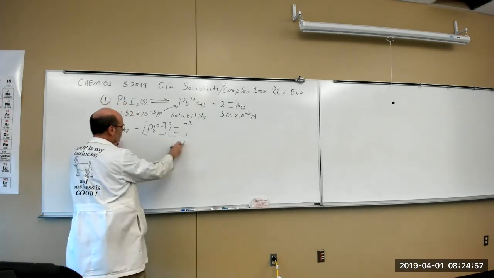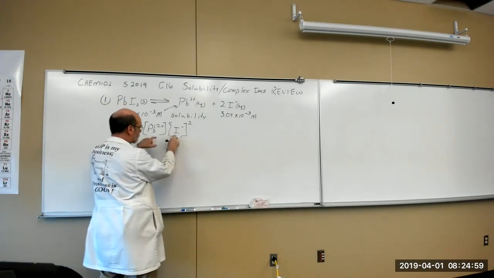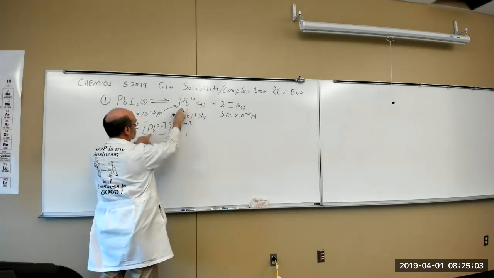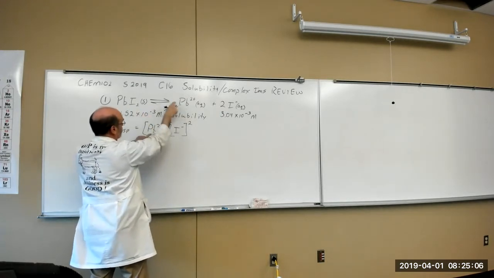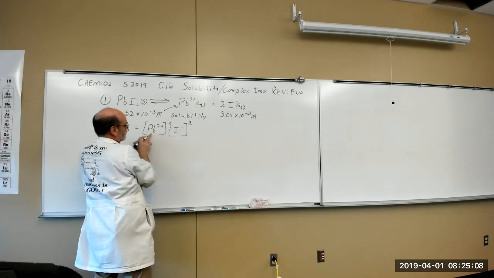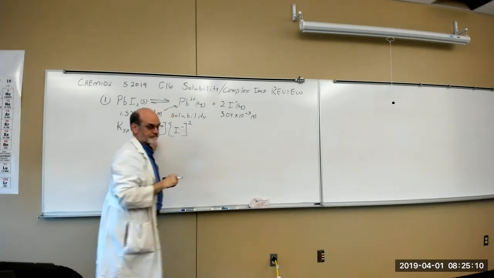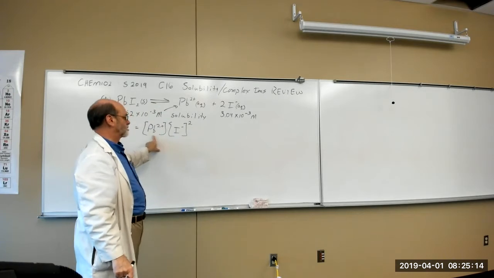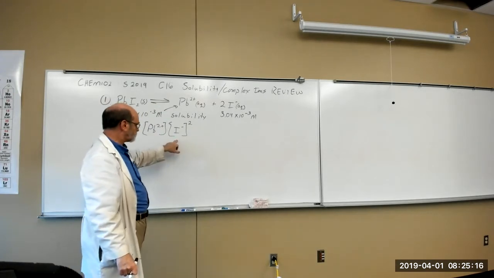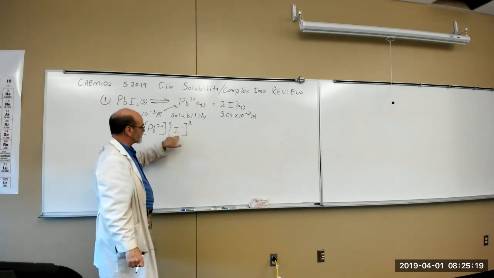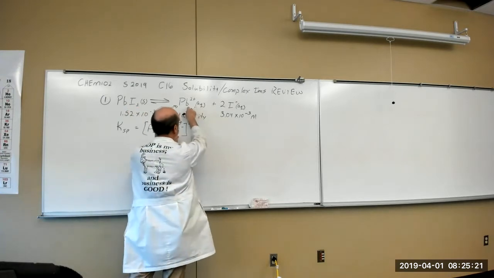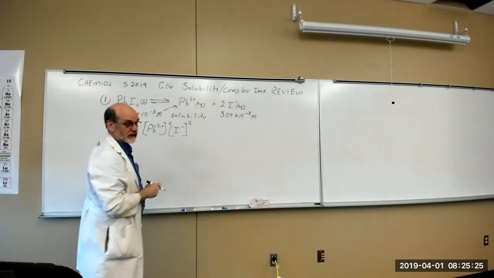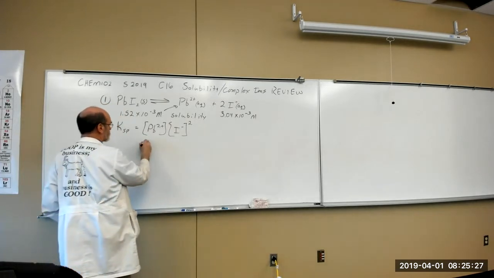This is the KSP expression, but you have to know what these values are. This value is the same as that because it's 1 to 1. Okay, so I guess I just thought that the coefficient was covered by that exponent factor there. No, you have to determine what this is, and it would be twice what that is. Okay, so then you just plug in the numbers.